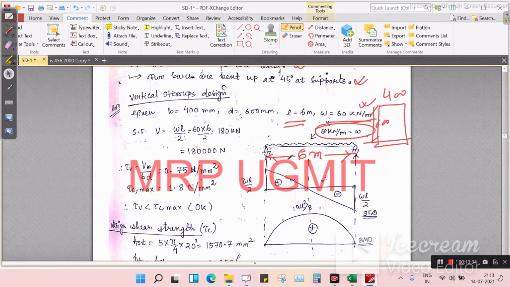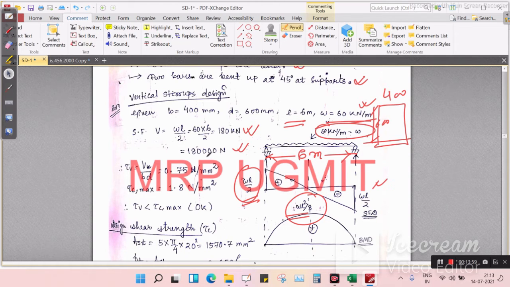From this beam, we will get our shear force value and bending moment value. For UDL, in the shear force diagram and bending moment diagram, you can see the maximum shear value is WL by 2, and the maximum bending moment at the center is WL square by 8. The shape is parabolic. Okay, so our shear force value is 180 kilonewton, that is 180,000 Newton.